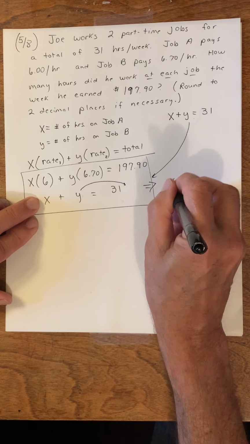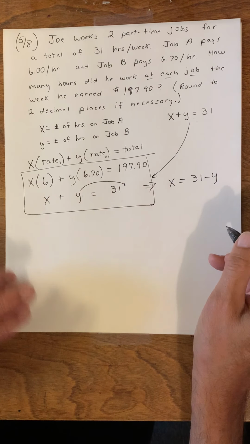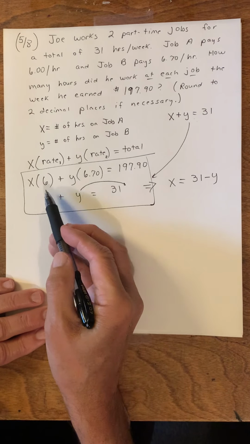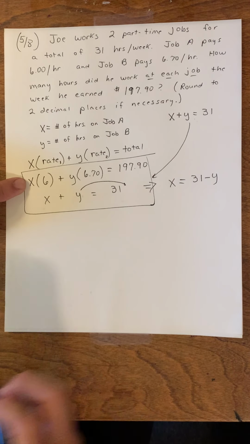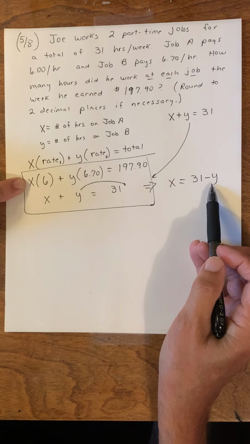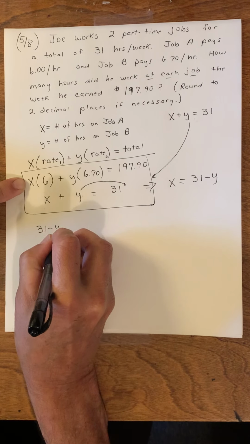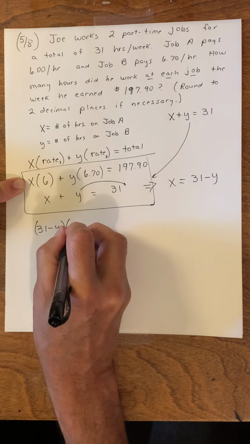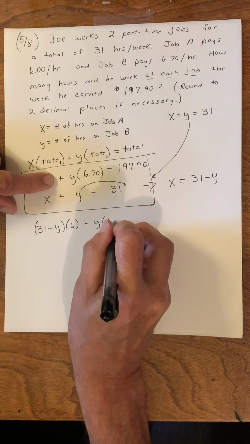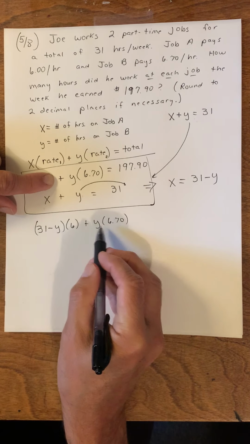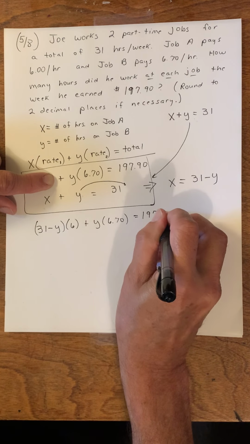And I'm going to get X is 31 minus Y. And then in the other equation, everywhere there's an X, I'm going to put 31 minus Y. So I got 31 minus Y times 6 plus Y times 6.70. Notice I only have one variable, just Y is in this equation. That's the benefit of this method.